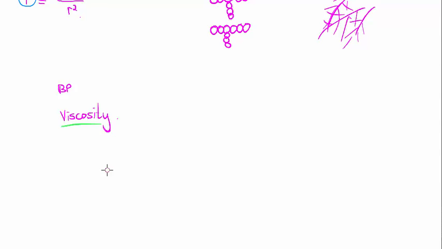So let's think of something that is viscous, like syrup and water. Which one between syrup and water has more resistance to flow? Syrup. Now syrup is sugar mixed with water and melted together. Okay, sugar is C12H22O11.